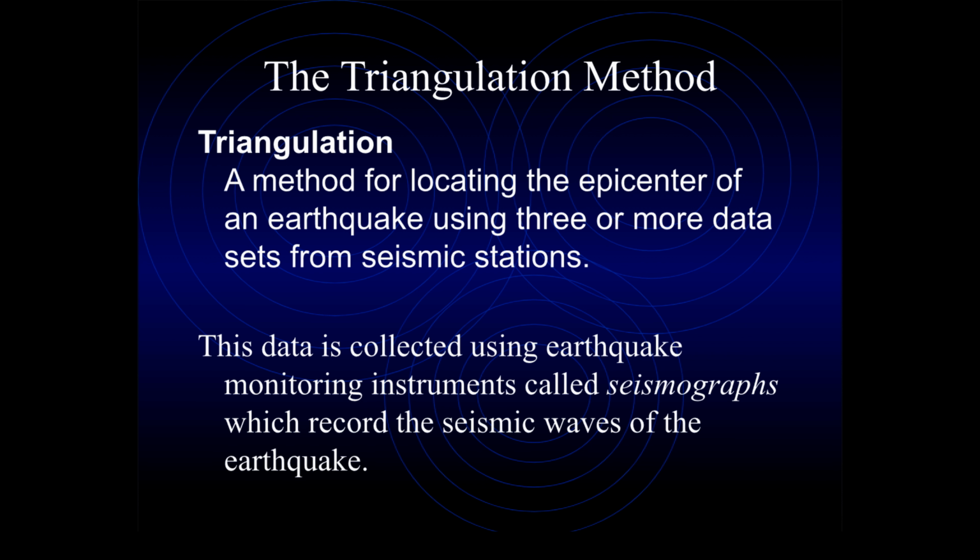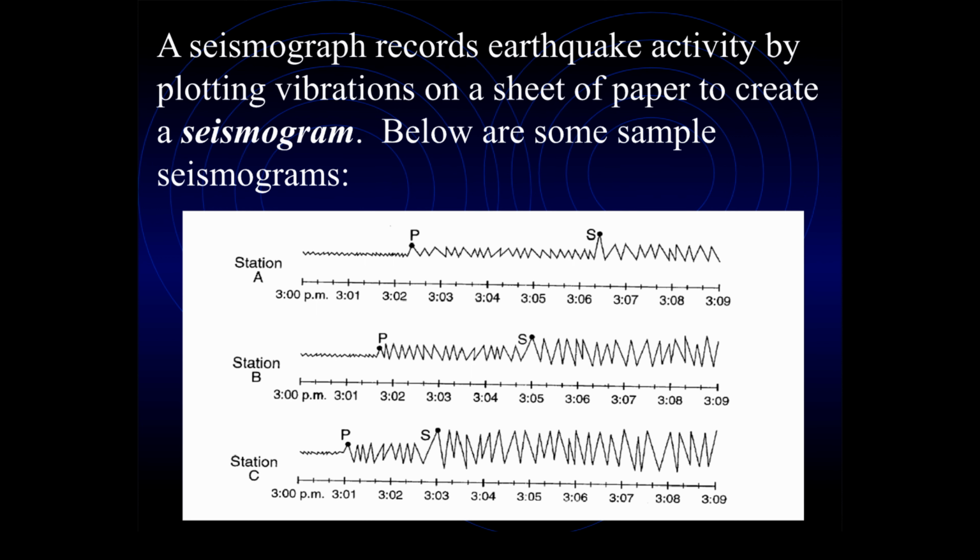We're going to look at the data from the seismographs, interpret that, and put it on a map. This is what the data looks like from the seismograph. This is called a seismogram. We're going to talk about how to interpret this on some upcoming slides, but basically you have all of these waves coming across.